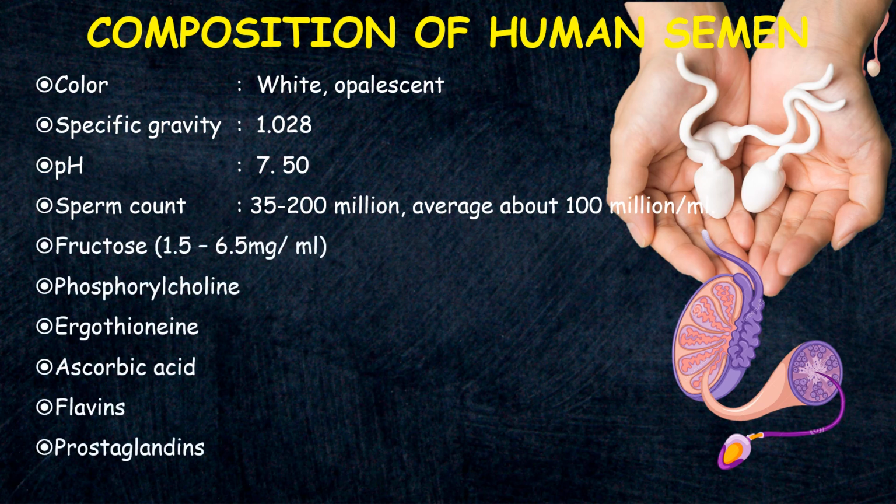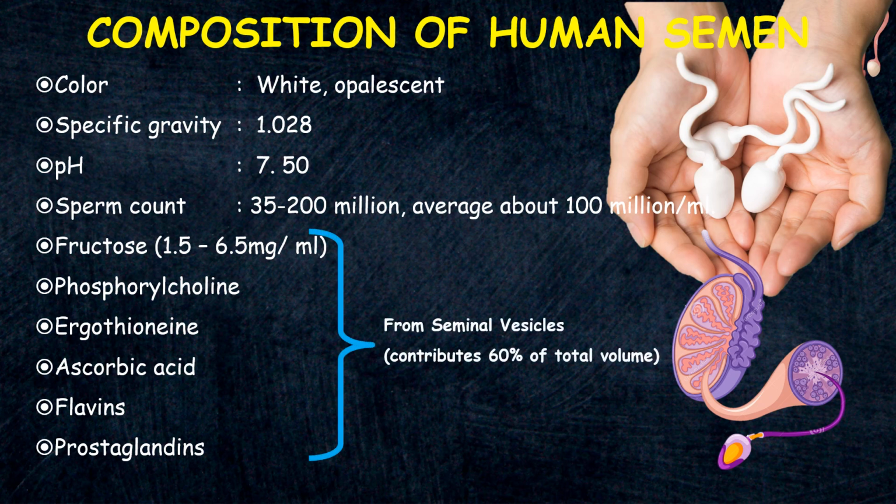And then the secretions of the seminal vesicles, they contribute around 60% of the semen volume. The secretion from the seminal vesicles is a mucoid and viscous fluid, neutral and slightly alkaline in nature. They contain fructose, phosphorylcholine, ergothioneine, ascorbic acid, flavins, and prostaglandins.